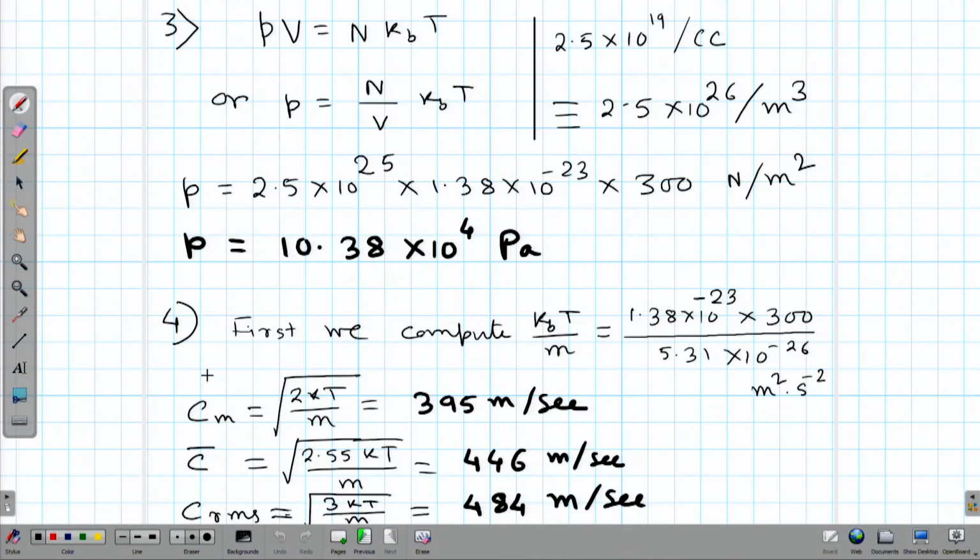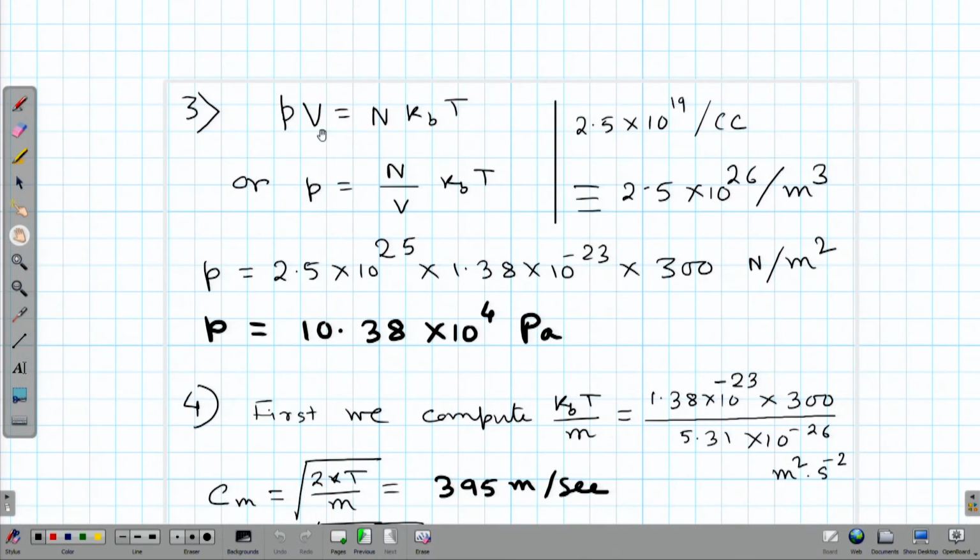Please remember the ideal gas expression is PV is equal to N kBT, right. PV is equal to N kBT. Now, 2.5 into 10 to the power 19 molecules per cc is actually, sorry, there is a small mistake, it should be 25, because of the factor between cc and meter cube.